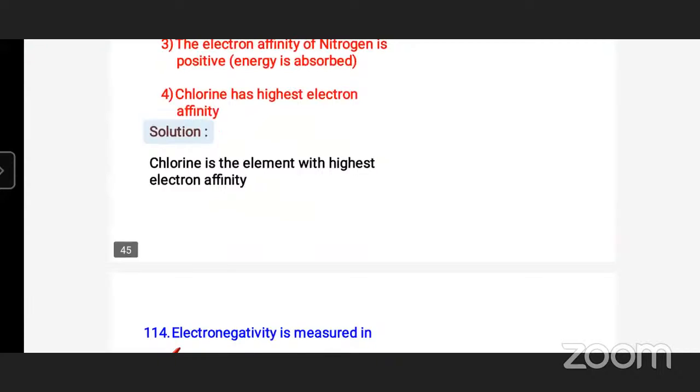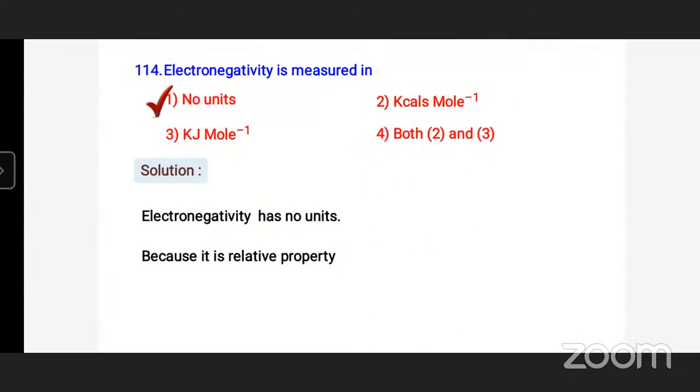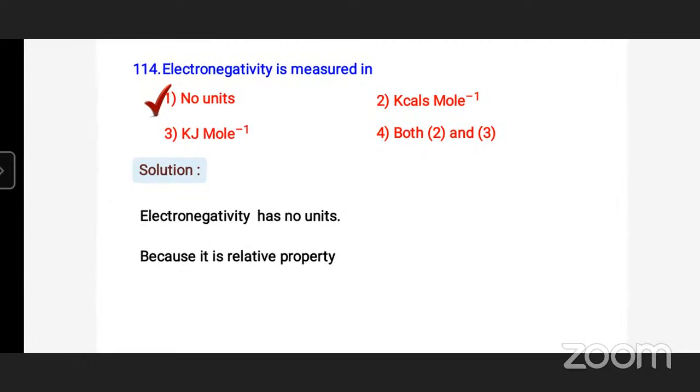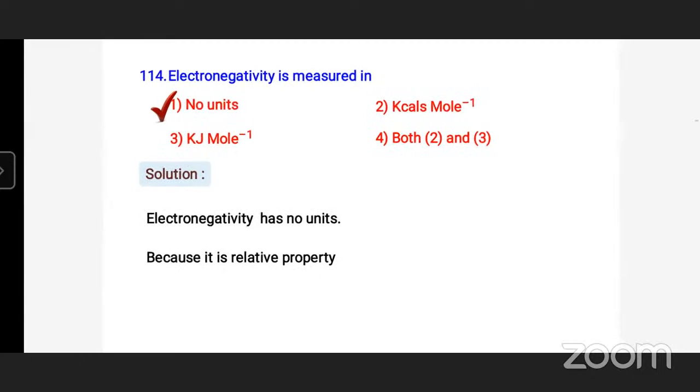Okay student, listen carefully. Electronegativity is measured in... What is electronegativity? When a pair of electrons is shared between two atoms, unequal sharing results in a heteroatomic molecule.